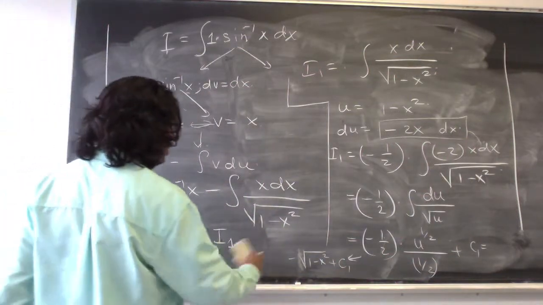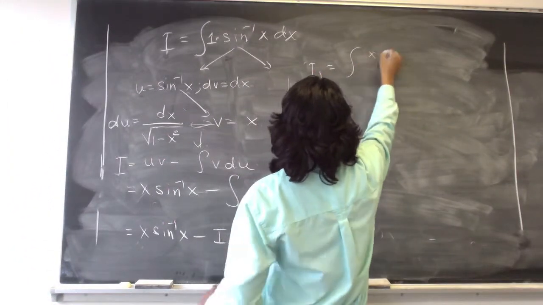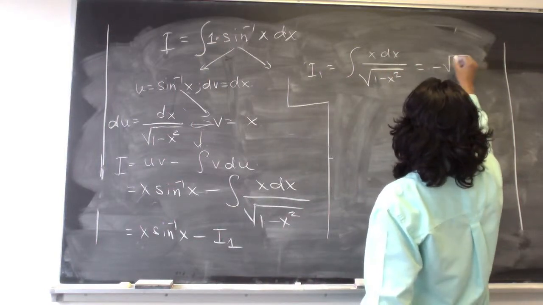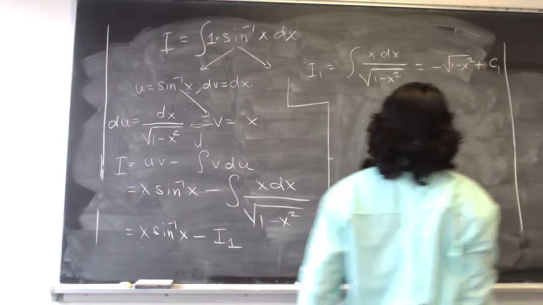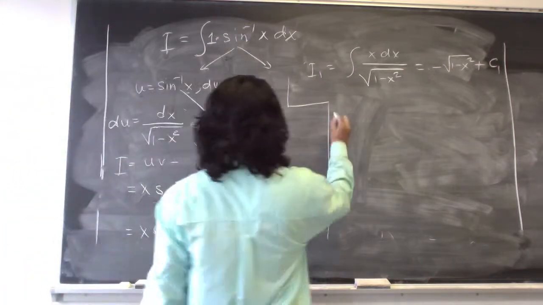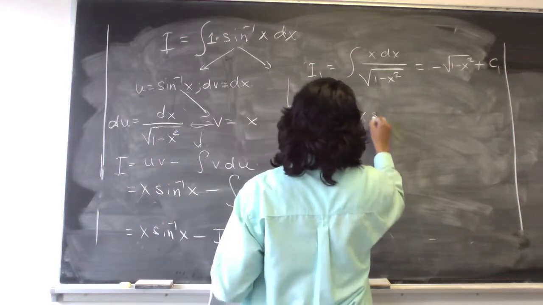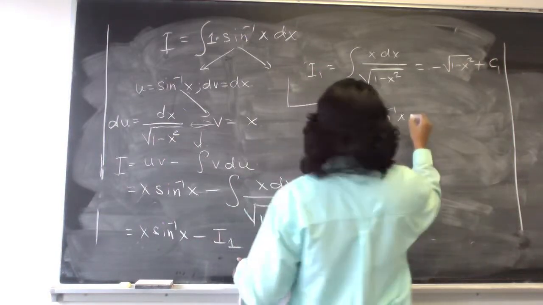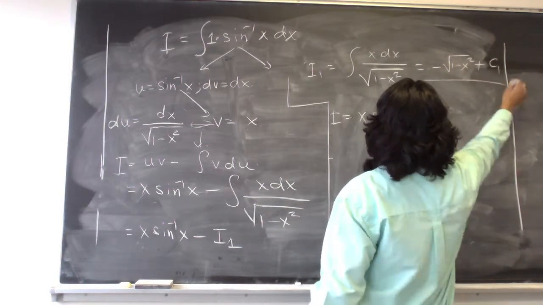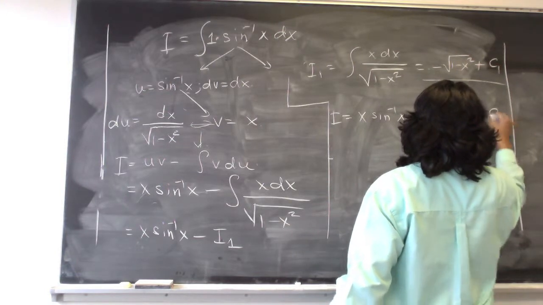Okay, so let's substitute back. We just showed that I1, which was the integral of x dx divided by square root of 1 minus x squared, is equal to minus square root of 1 minus x squared plus c1. c1 is the constant of integration for I1, and then you have this I, the original problem, so you have to substitute this guy back here, and you get x times sine inverse of x minus I1, so it is minus of this, so it is plus square root of 1 minus x squared minus c1, right?